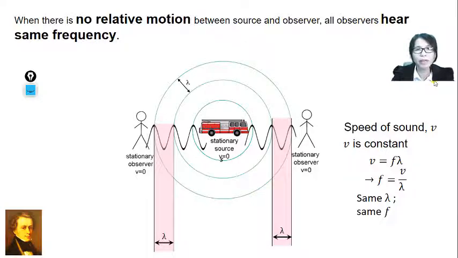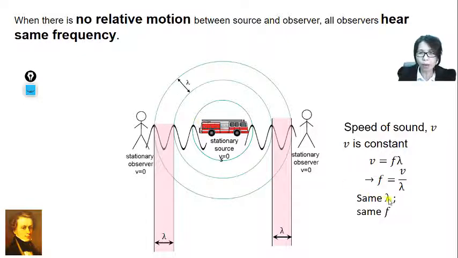So when there is no relative motion between the source and the observer, the observer will hear the same frequency. Why? Because when the source is stationary and the observer is stationary, the distance between them is maintained constant.